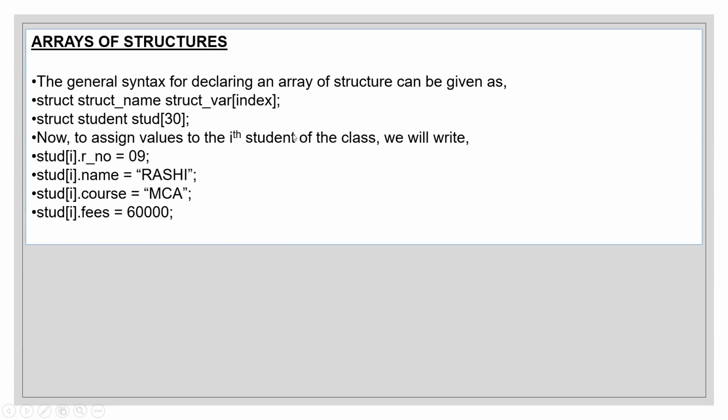Like that, for the ith student, it is stud[i].roll_number, stud[i].name, stud[i].course, stud[i].fees. So we are assigning values to the ith student here.